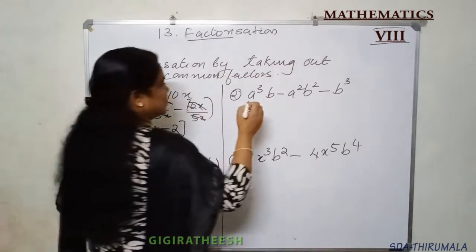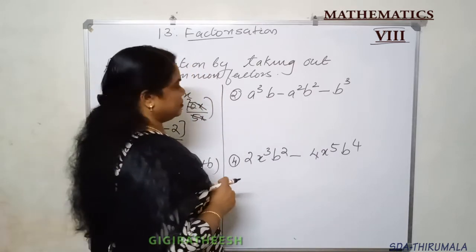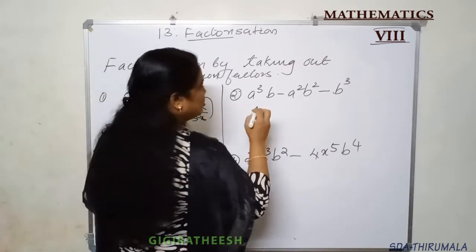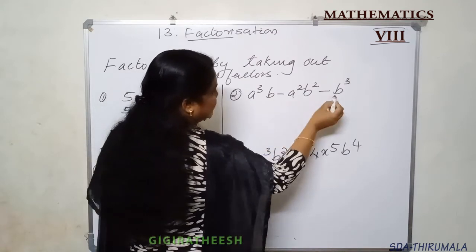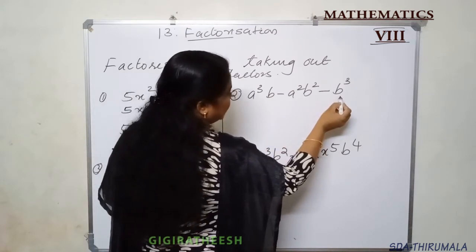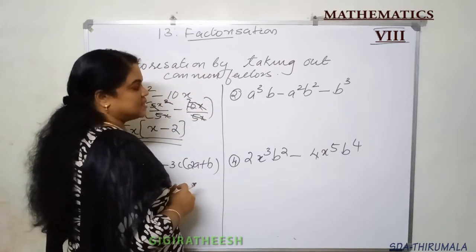The second question is a cube b minus a square b square minus b cube. What is the common factor here? The third term has no a, so b is the common factor.